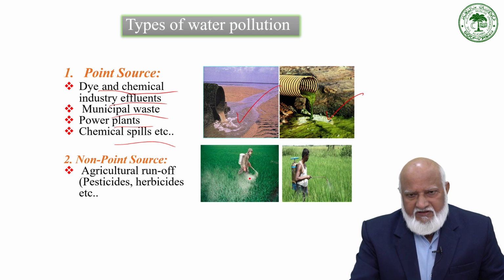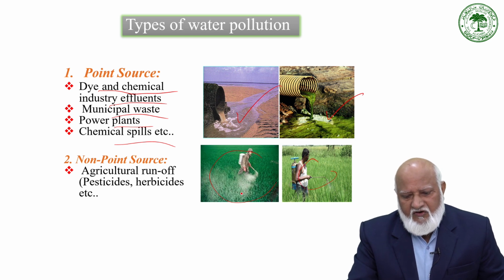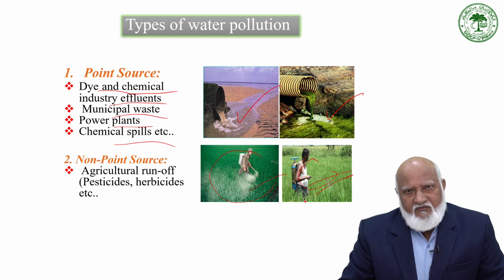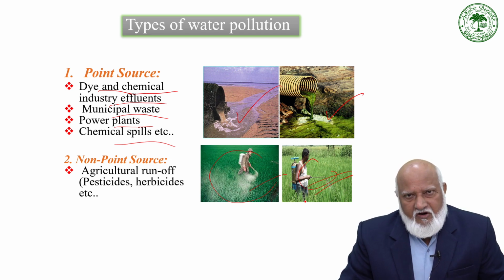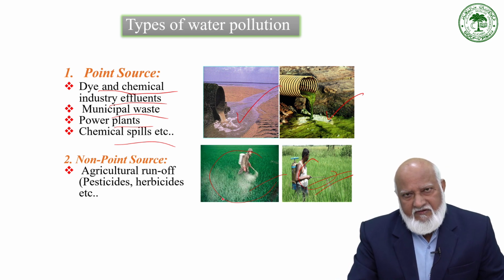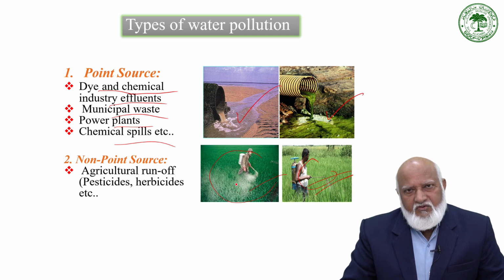Not only that, in order to have a better quality and quantity of our crop, we use a lot of pesticides, and these pesticides of course do their job. We can have a better crop in quality and quantity, but these pesticides remain in the field and have quite good solubility in water.